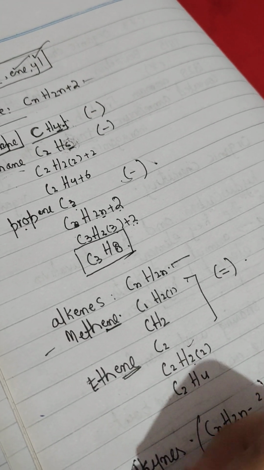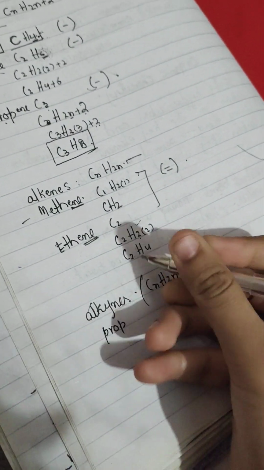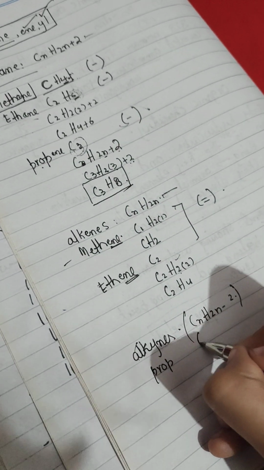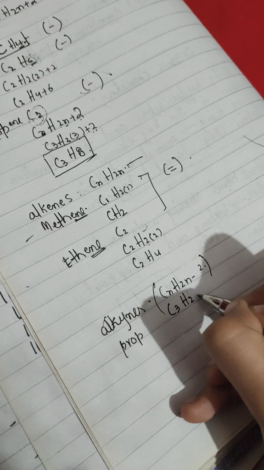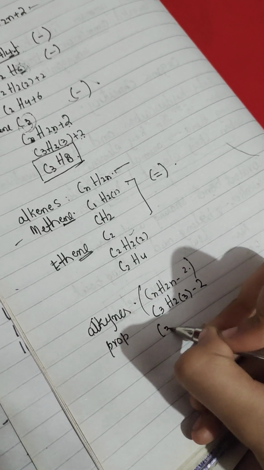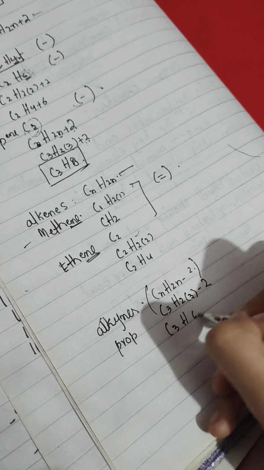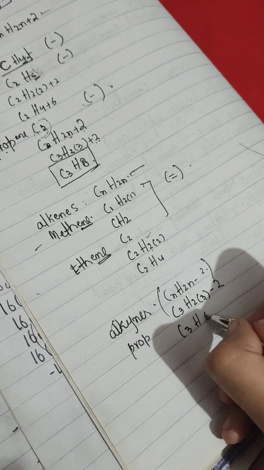Now we are taking prop. We know that prop contains 3 carbons. So from the formula, 2n minus 2: 3 2s are 6, and if you subtract 2 from 6, it will be 4.